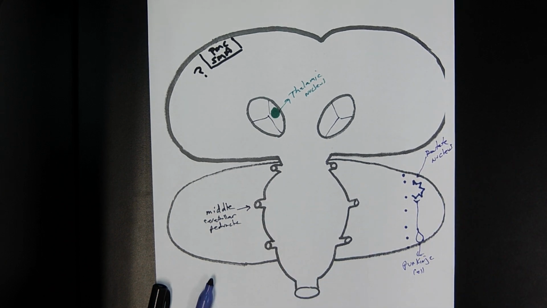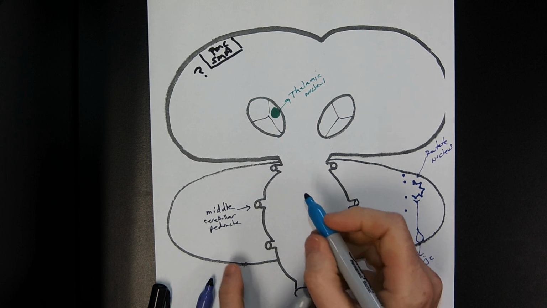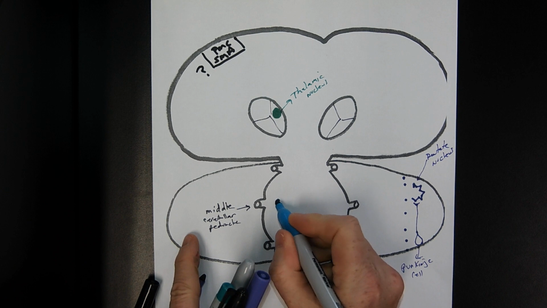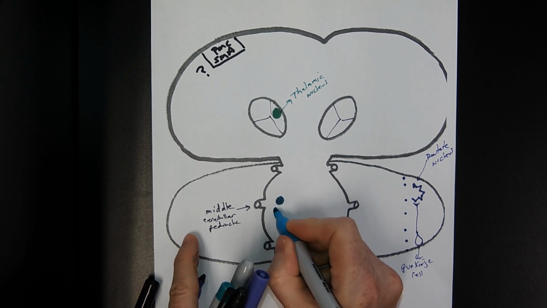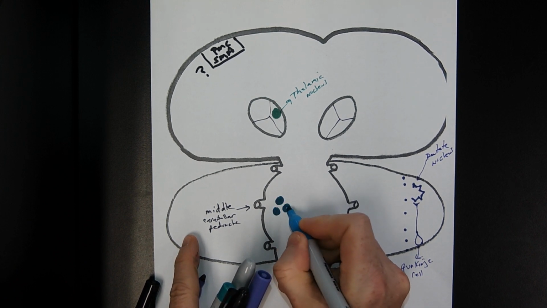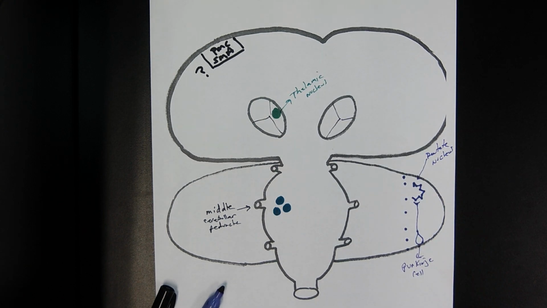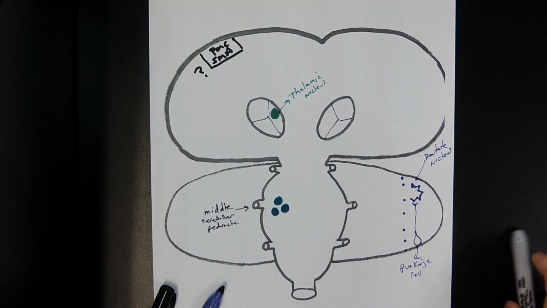Okay, this one's a lot easier than the ventral. And we also have, how do I do this color? One more important player, and we haven't talked about these yet at all. I think we're going to make them blue this year. So there are going to be some specific nuclei here that are involved in receiving that information on the same side as the cortical region.